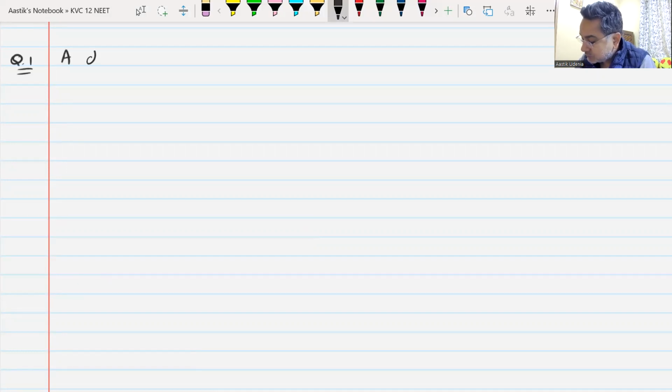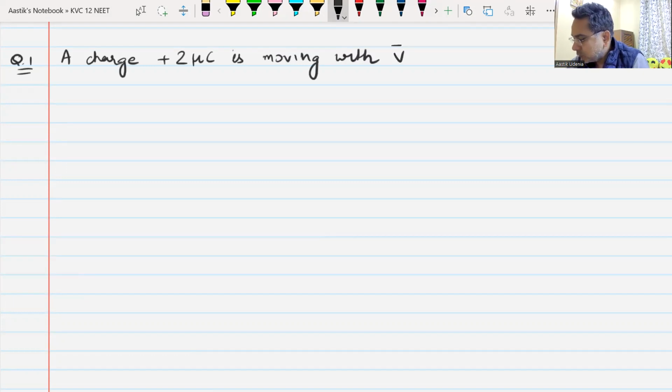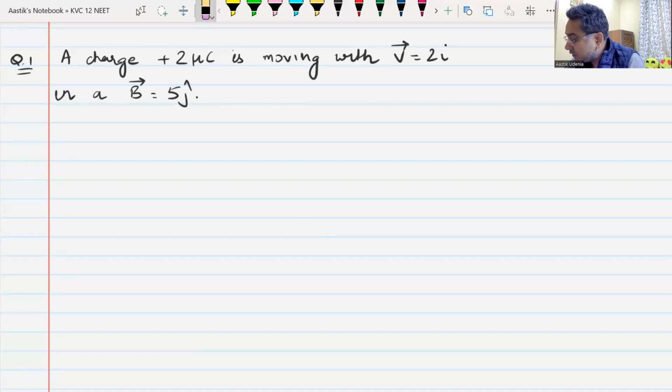A charge of plus 2 microcoulomb is moving with velocity 2I in a magnetic field 5J. Everything is in SI units. Let me make this velocity 4I hat so that all the things look different. 4I hat in a magnetic field which is 5J.